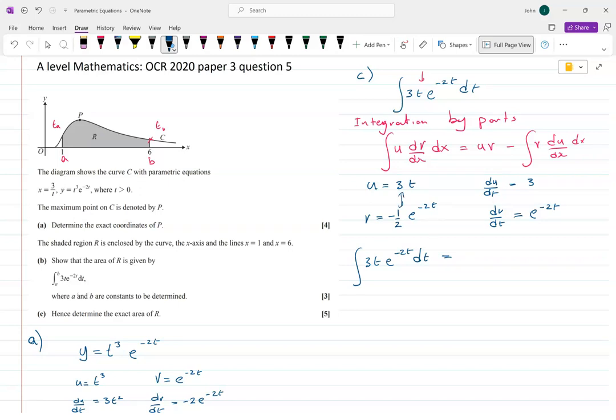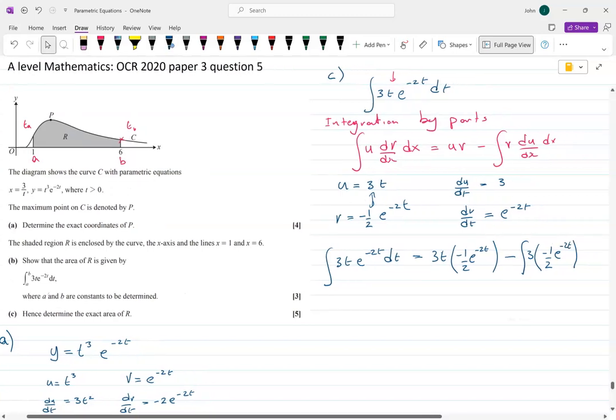So that's 3t times minus a half e to the minus 2t, minus v du by dx, so that's these two multiplied. So that's minus the integral of those multiplied, so that's 3 times minus a half e to the minus 2t.